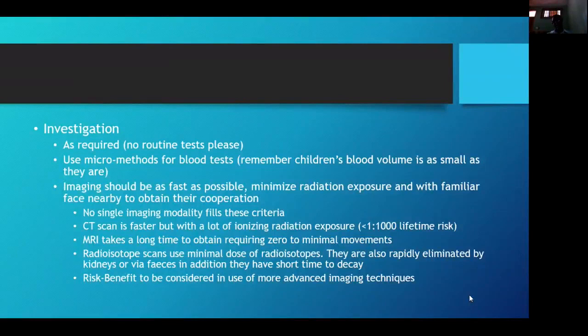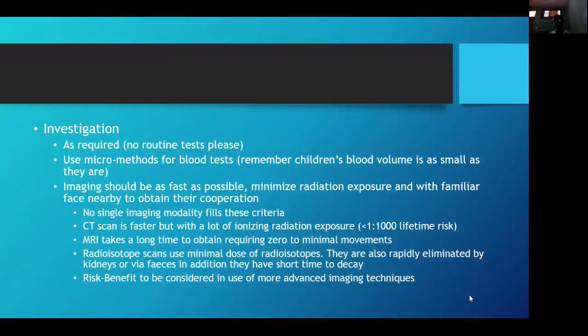So, by and large, what we have to do in getting investigations for children is to consider the risk against the benefit of the use of more advanced imaging techniques.